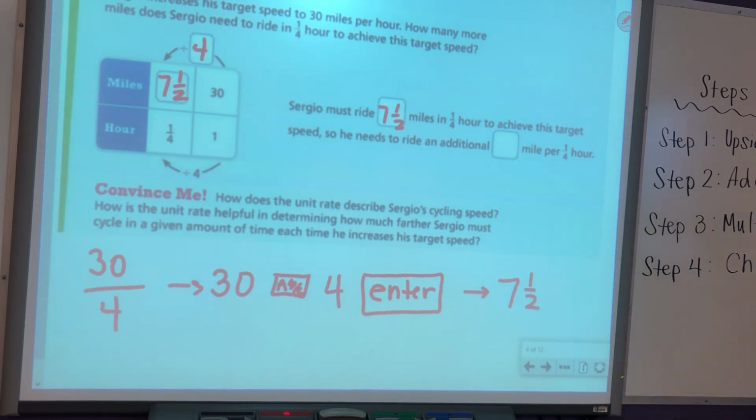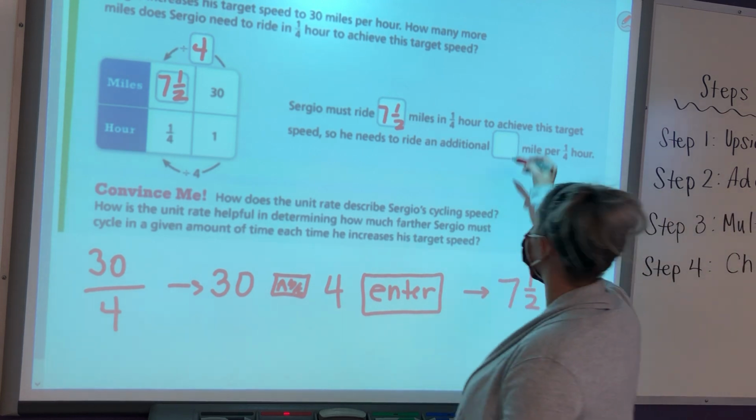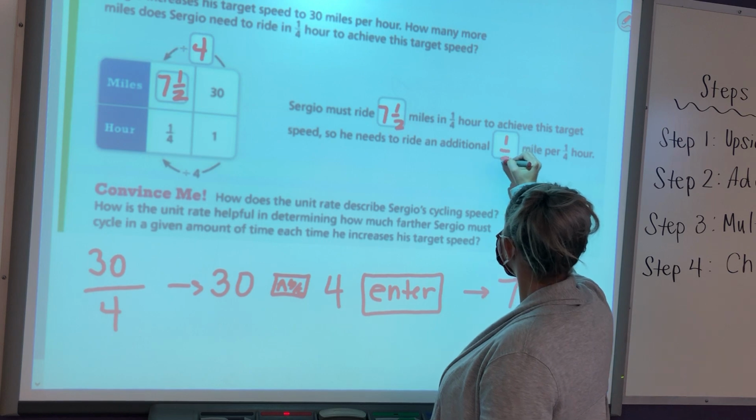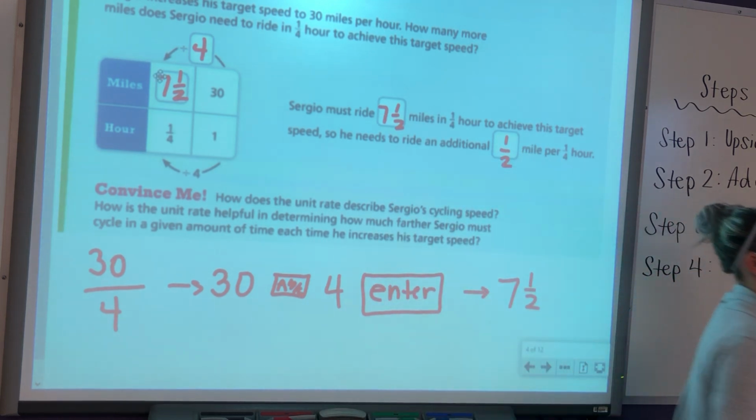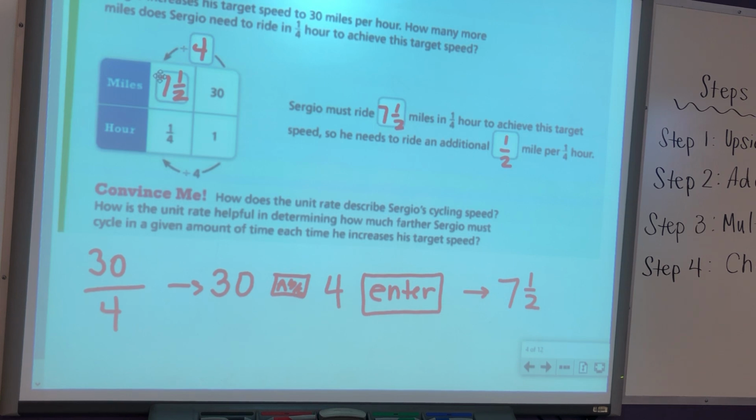So he needs to ride an additional half mile for a quarter of an hour. So he needs to go 2 more laps on the track in 15 minutes to reach his goal. I always relate everything like miles into the track because it's easy to.